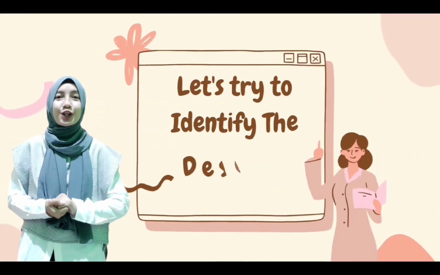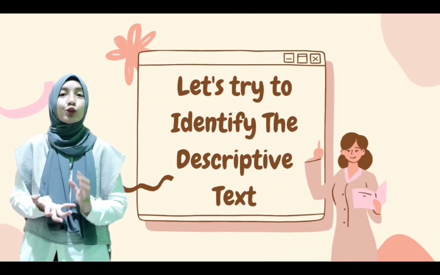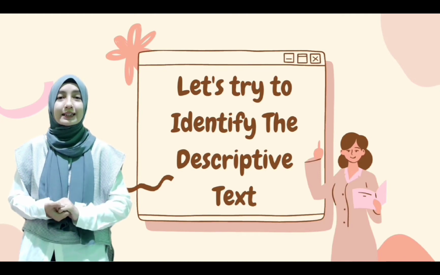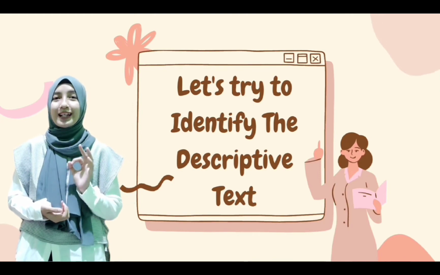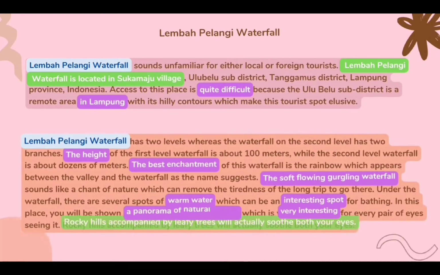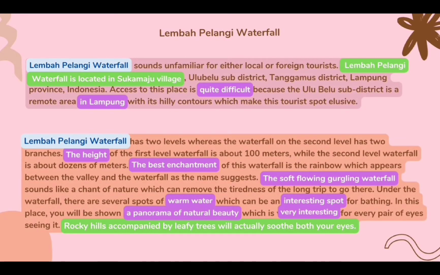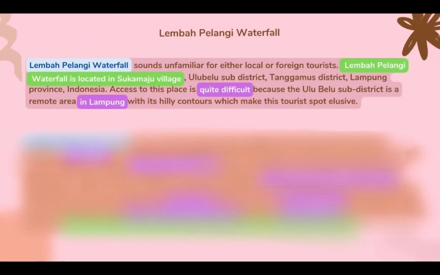Alright, to make sure you understand, we will try to identify the descriptive text. Please take a good look, okay? Well, students, let's see the example of how we describe a place. First, we will try to identify the generic structure. Now, take a look at paragraph 1.